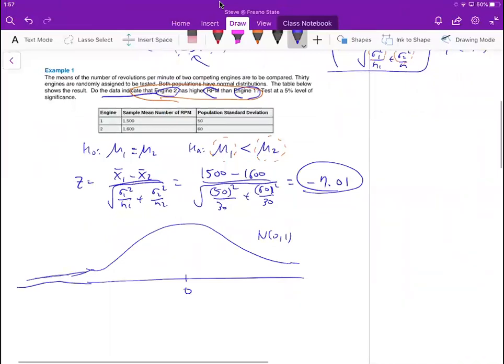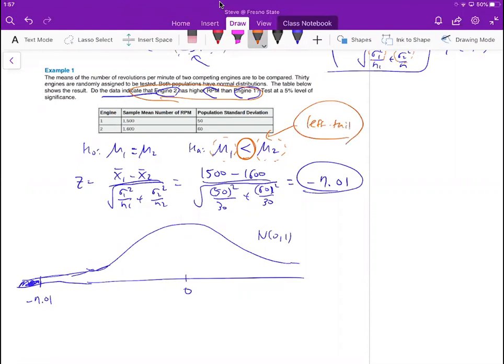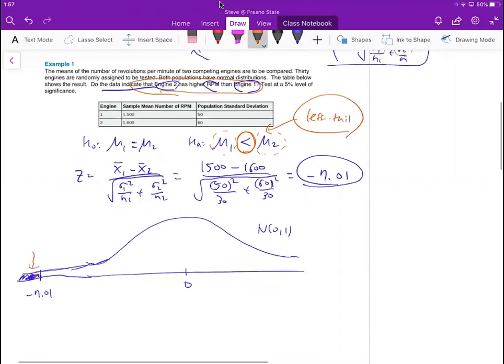Okay, and what I'm looking at is the standard normal, and this is 0, and negative 7.01 is going to be somewhere far left. The reason this is to the left is because I have less than, so this is a left tail. When you look this up, this is going to be essentially 0 because the lowest value in the table is, I think, like negative 3.499 or something.